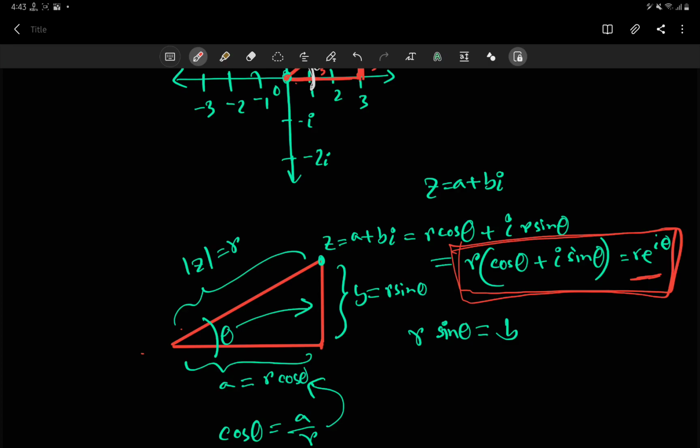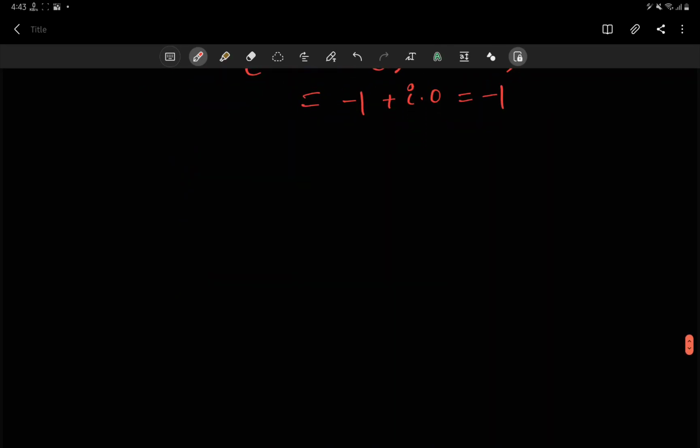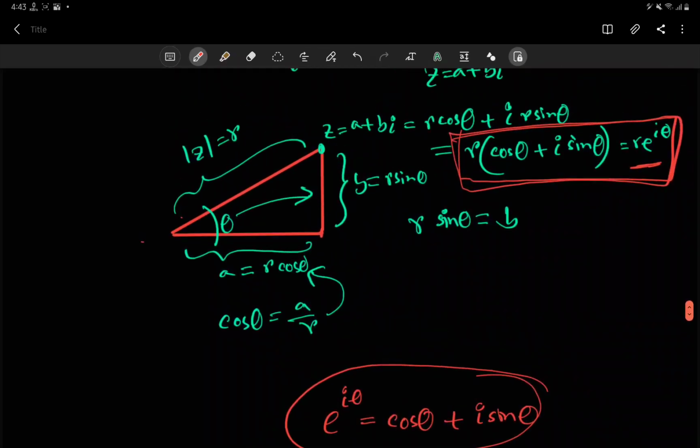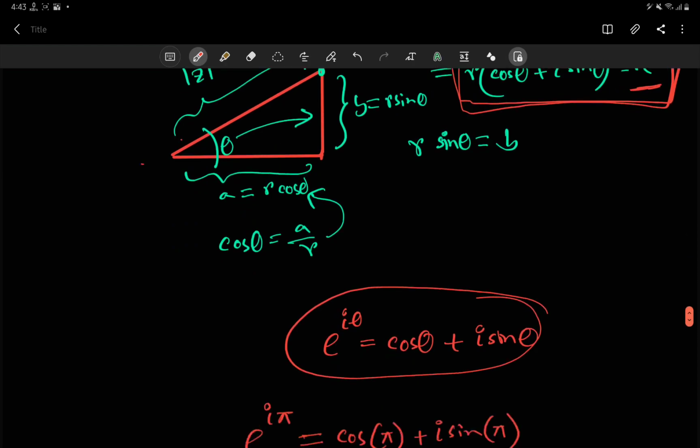Pay much attention to these details, because we are going to use polar coordinate systems, and we are going to write them like this. In previous years you might have written it like r comma theta, but instead of that we are just directly going to write it as r e to the power i theta, because that's the mathematical expression. And it turns out that we can actually write z as that.